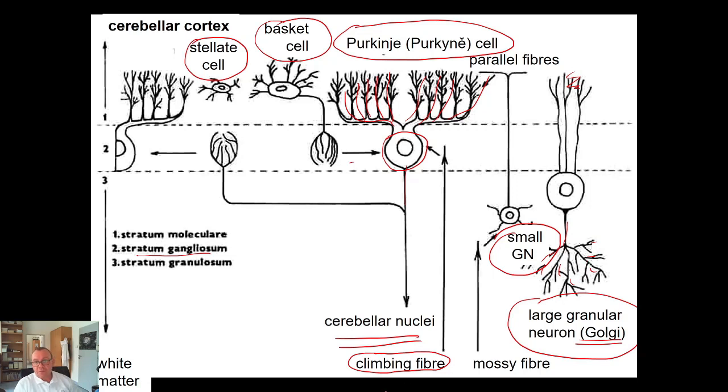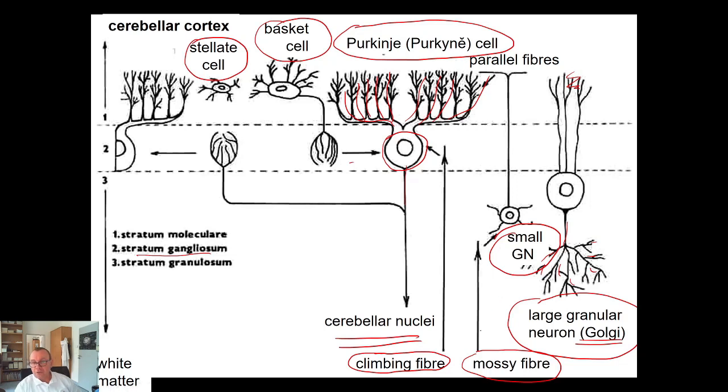The last thing which I still didn't mention are so-called mossy fibers. I spoke about the climbing fibers which come from deeper areas of the cerebellum and go to the Purkinje cell or molecular layer.